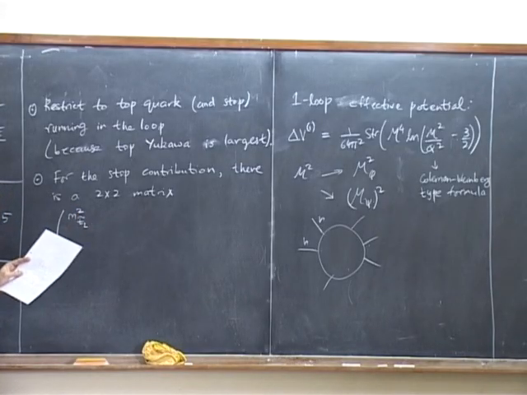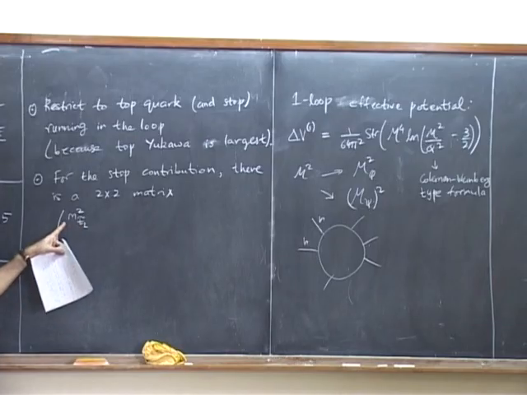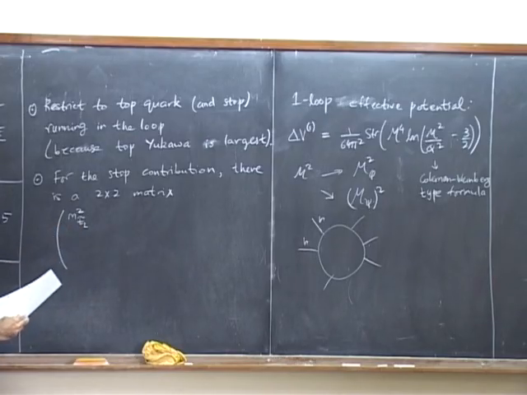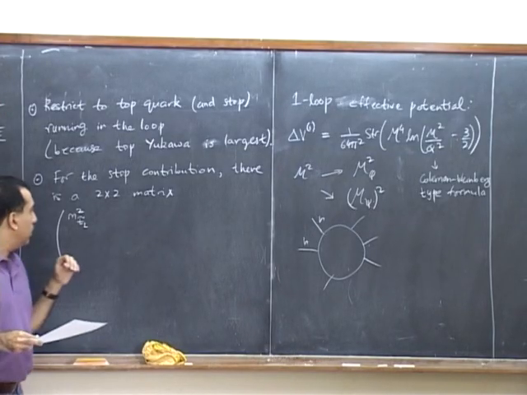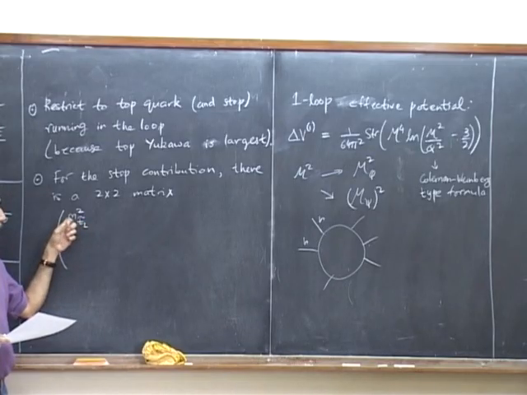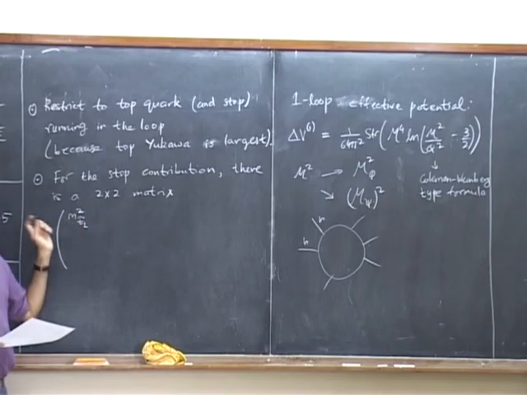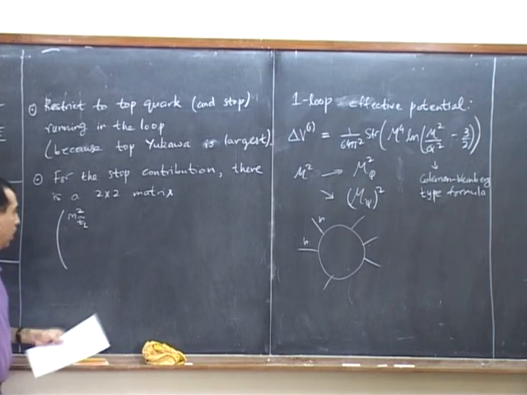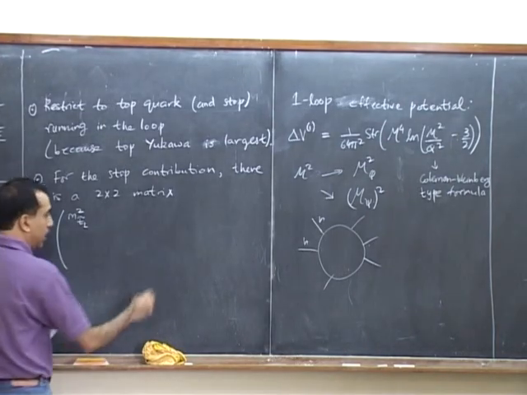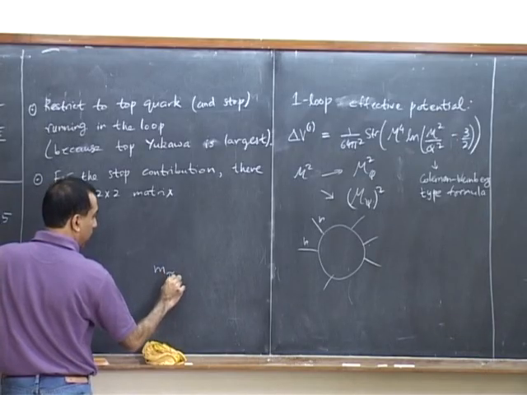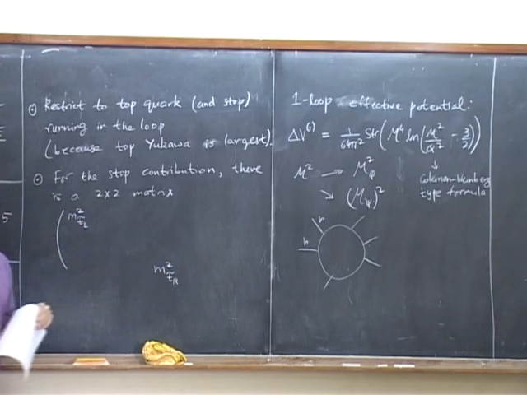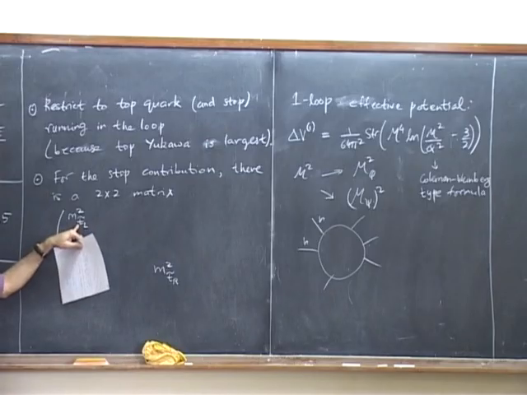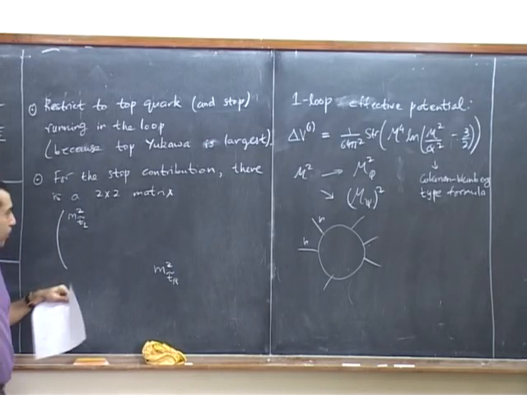This is a SUSY breaking parameter, and it's actually the same because the left-handed guys are doublets of SU2. This is really the third generation left mass square soft parameter. In the other place, there will be the corresponding right, which is independent. This is a singlet only for the right stop. This is for the left stop and the left sbottom, I suppose.